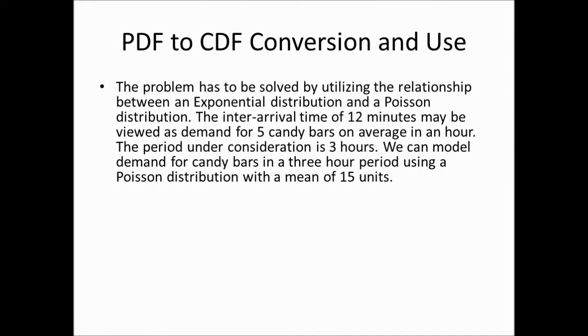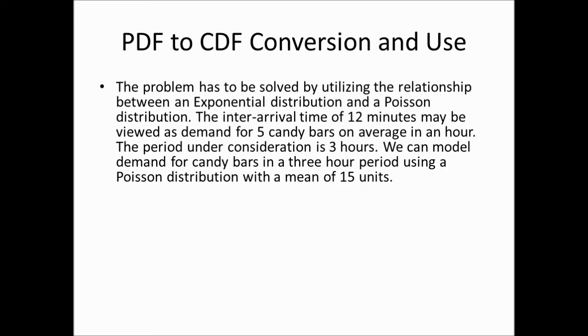The problem has to be solved by utilizing the relationship between an exponential distribution and a Poisson distribution. It's a very important relationship. There are a lot of examples where you have to utilize this relationship. The interval time of a demand is 12 minutes: every 12 minutes one candy bar is demanded.